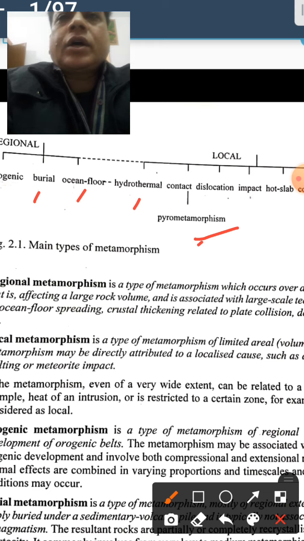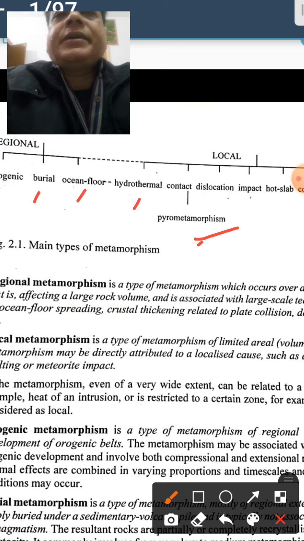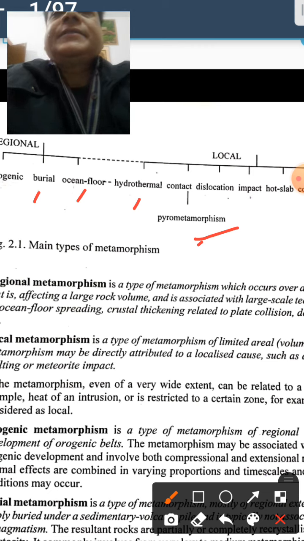Then local metamorphism is a type of metamorphism of limited area, in which metamorphism may be directly attributed to a localized cause such as magmatic intrusion, faulting or meteoric impact.